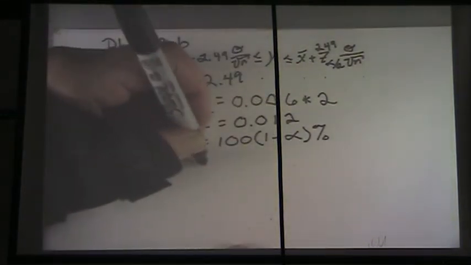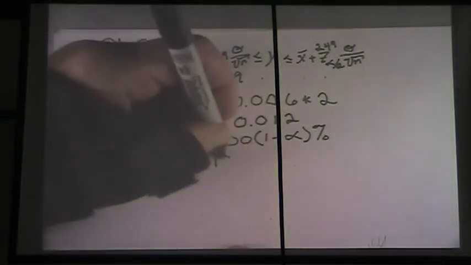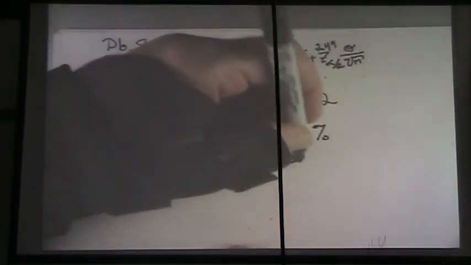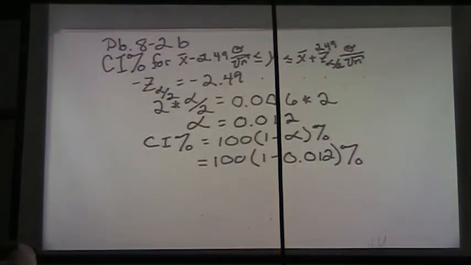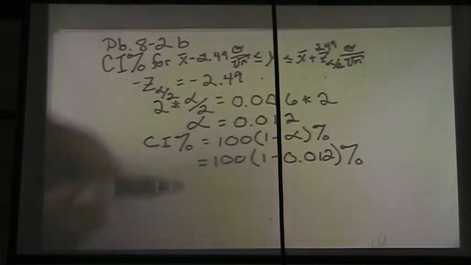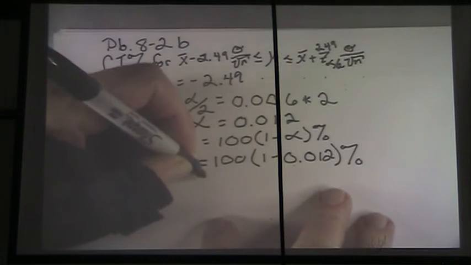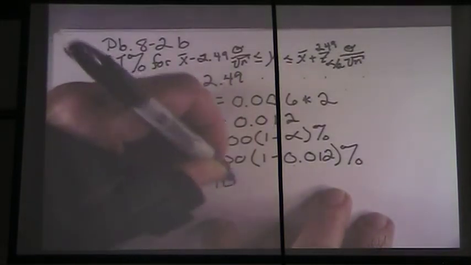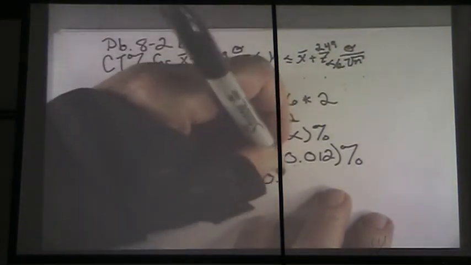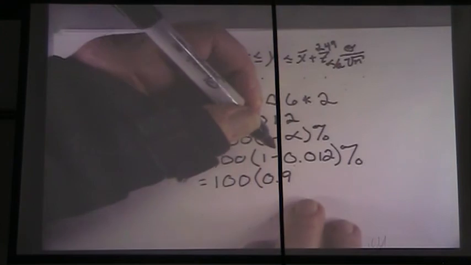So next I'm going to say 100 times the quantity 1 minus 0.012, which is equal to 100 times 0.988.